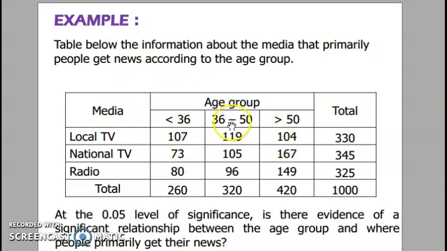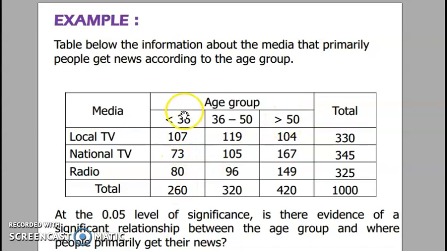The table below is the information about the media from which people primarily get news, according to age group. So we have a categorical variable, which is the media, categorized into local TV, national TV, and radio, so three categories. The age group is also in categories: the first category is less than 36, then between 36 and 50, and bigger than 50.